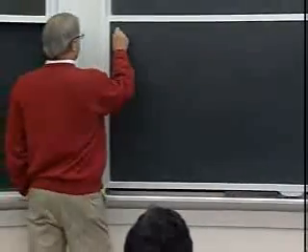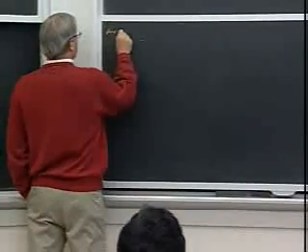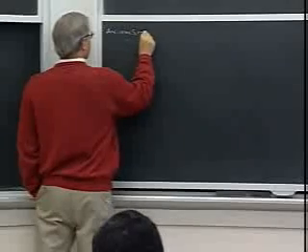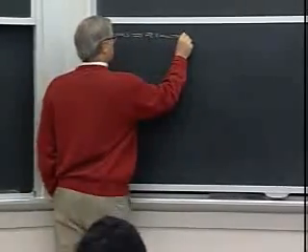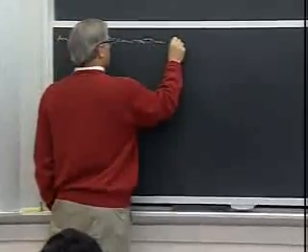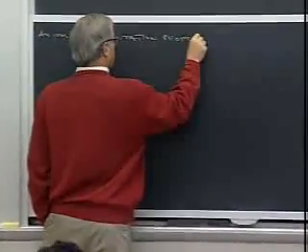Okay. I want to show that the axioms lead to a permutation property, because this is something that's going to come up again and again.